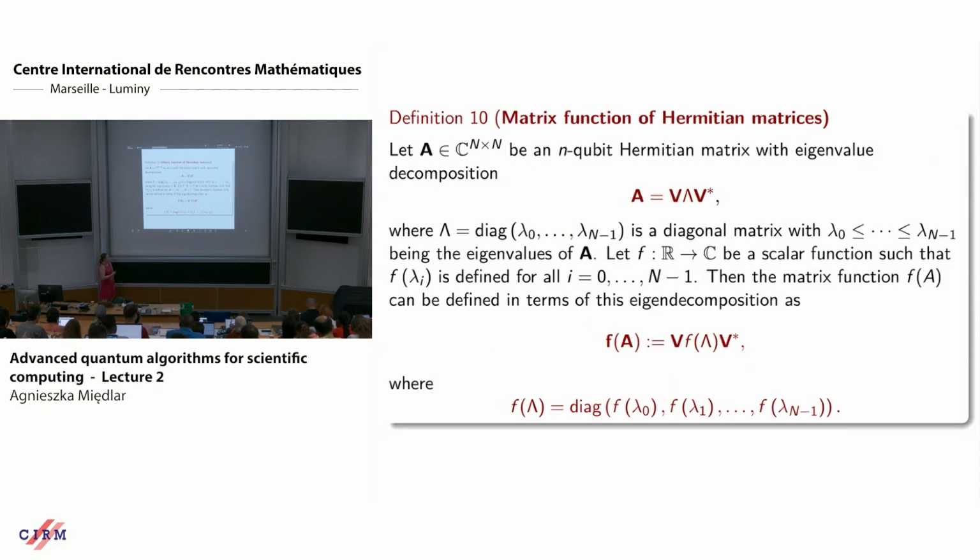You use the eigenvector matrix, and then you use the function of the diagonal matrix. So this is f of lambda, where lambda is the diagonal matrix with the eigenvalues on the diagonal, and this diagonal matrix has evaluations of the function f at each of the eigenvalues. That's why they have to be defined. So this gives you a matrix, and the result is a matrix. So the function of a matrix is a matrix object.